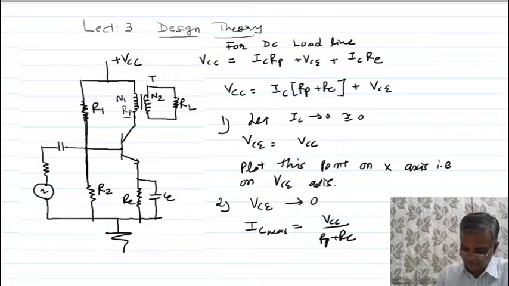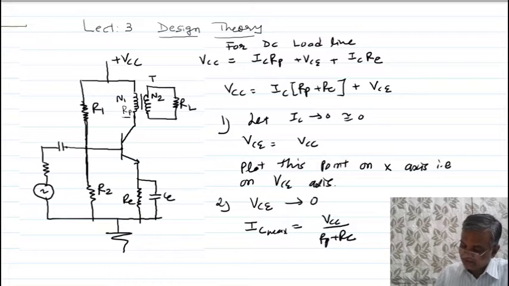Look again. When collector current is very less, this product tends to 0, so VCE is equal to VCC, that I have written. Now if this is very less, tends to 0, then this product is equal to VCC.